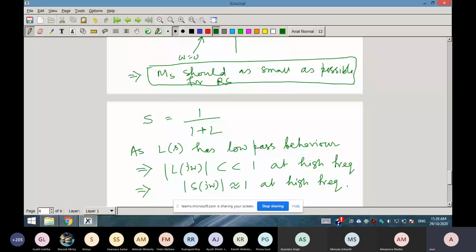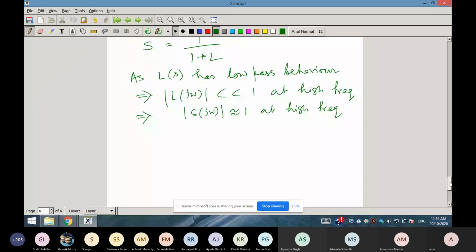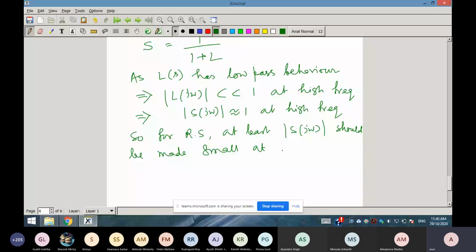So S(j omega) equal to 1 at high frequency is anyway something you cannot avoid. So for robust stability, at least S(j omega) should be made small at low frequency. Okay, that we can do.